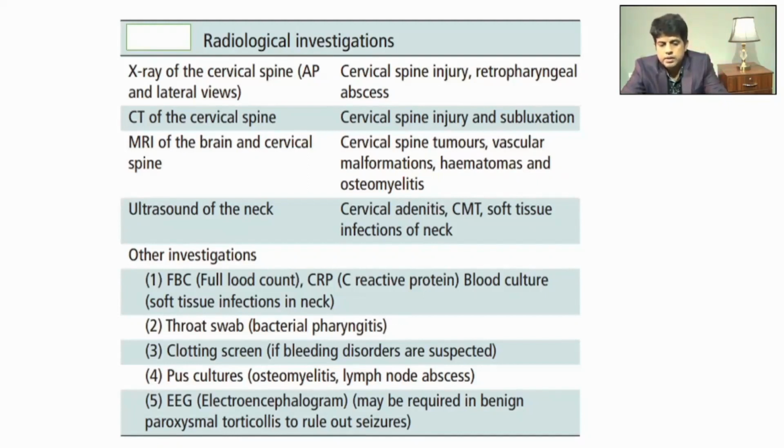to the cervical spine. And if you need better soft tissue enhancement and if you want to see the subluxation, then you have to go for more advanced investigations, including CT. And if you are concerned about a cervical spine tumor or a vascular malformation or hematoma or possible infection like osteomyelitis of the cervical spine, then MRI of the brain and cervical spine is indicated.